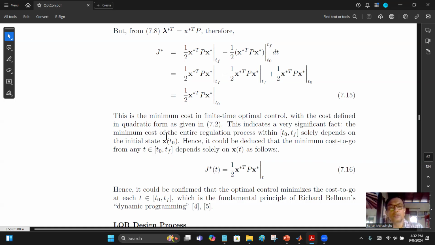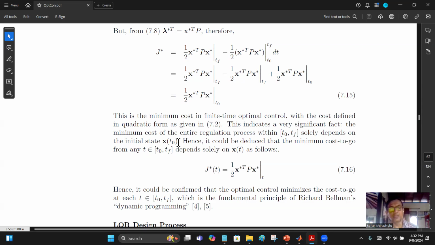The minimum cost of the entire regulation process within T0 to Tf solely depends on the initial state, right? The cost depends on the initial state. If you have a large deflection, it's a big energy, big cost. You know that, no? Now you understand that it is the case, okay? But before that, you probably didn't have an idea that it is the case.